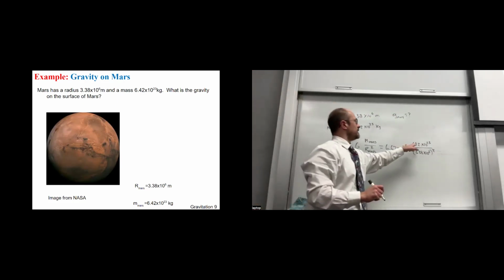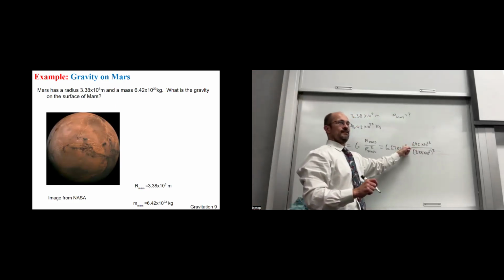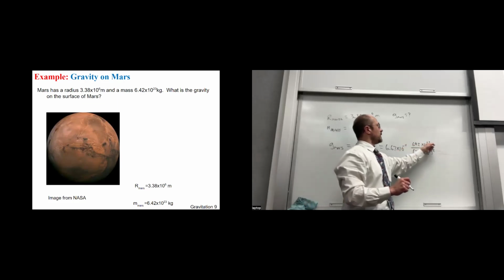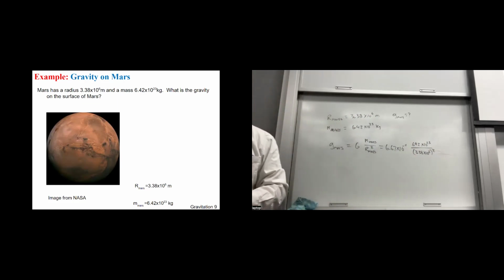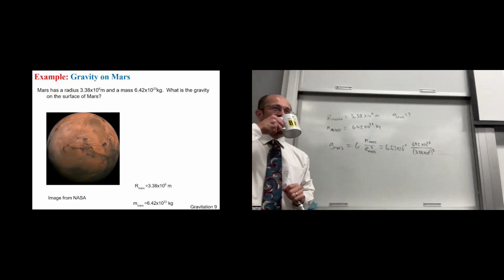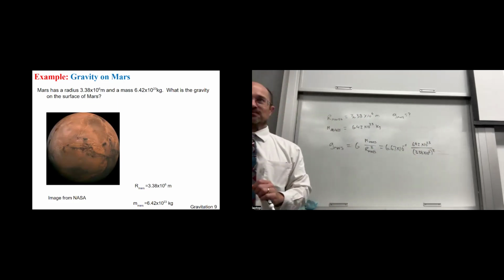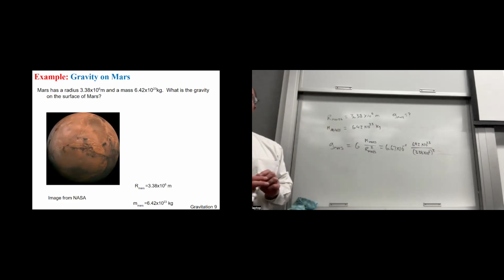But notice here, a planet is big enough that negative 11 and 23 still leaves you with a power of 12 there. And that's enough to start having gravity. Is everyone okay with that?